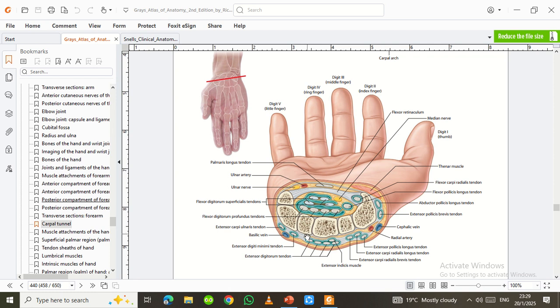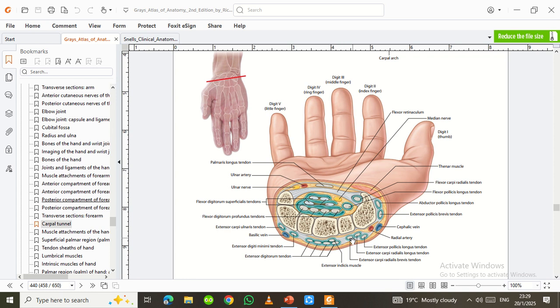So from medial to lateral, you're going to have your extensor carpi ulnaris tendon in its own synovial sheath, your extensor digiti minimi tendon in its own synovial sheath, and then you're going to have the extensor digitorum tendon together with the extensor indicis muscle being in the same synovial sheath.